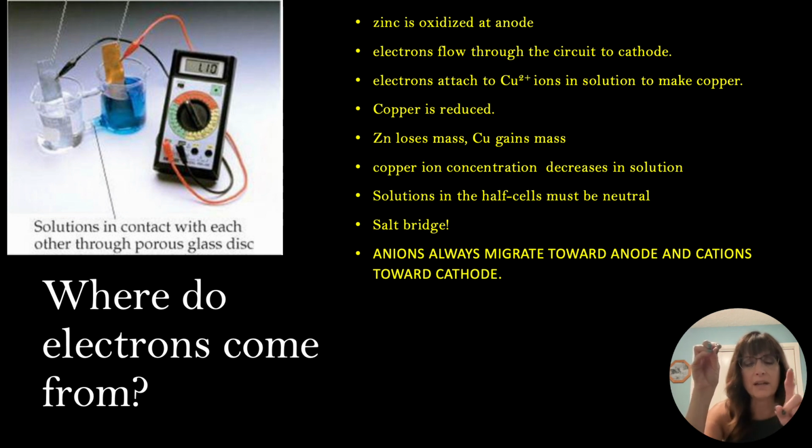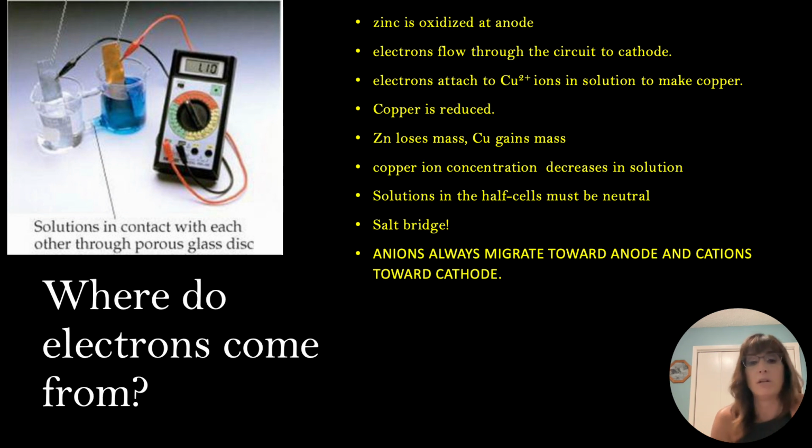So the positive ions, the potassiums, are coming off the salt bridge and going into the solution. On the other side, the anions, the negatives, whatever is on the salt bridge, could be potassium chloride, could be potassium nitrate. Let's go with nitrate. Those nitrate ions are going to go into the anode solution and keep it neutral.